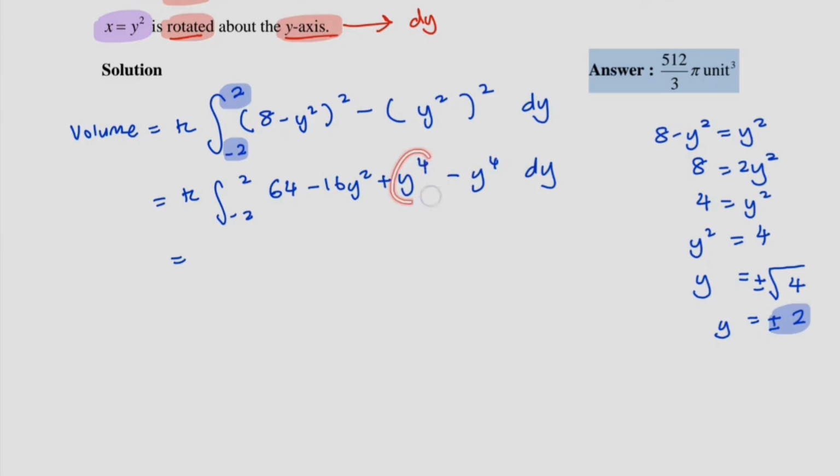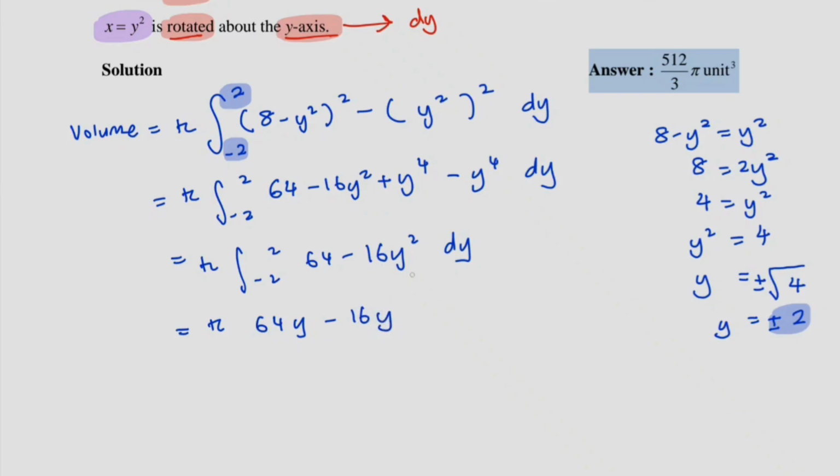Okay, and I can see that this y power 4, subtract with this y power 4, it's gone. So what's left is just the other terms, 64 minus 16y squared dy.